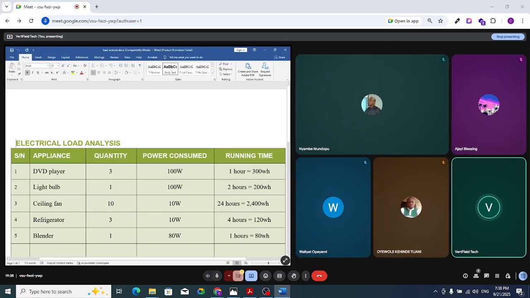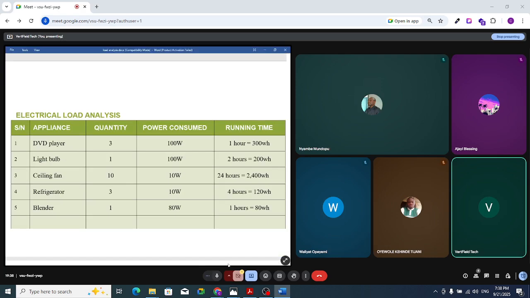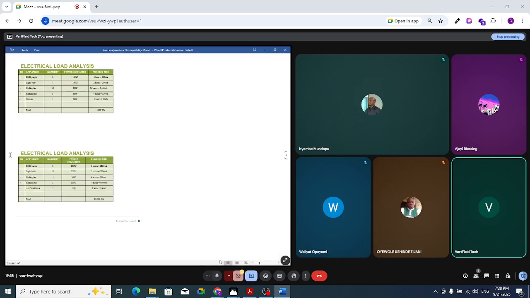Now, in sharing my screen, what you all can see here is a typical example of energy audits that have been done.